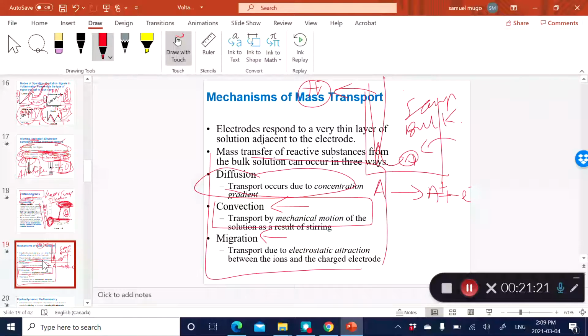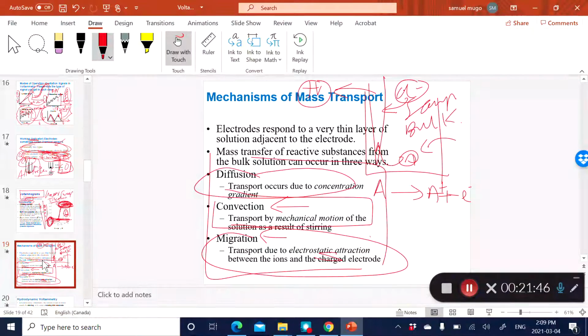For that reason, any anions that are present, say chloride, are going to migrate very quickly because of that electrostatic attraction, the positive charges attracting the negative charges. That is what you refer to as migration.